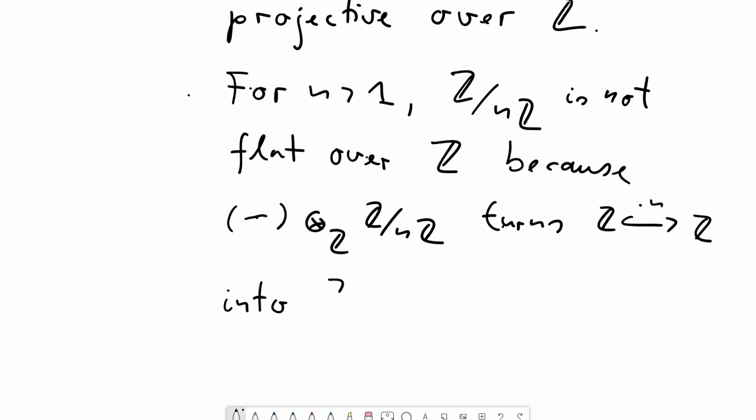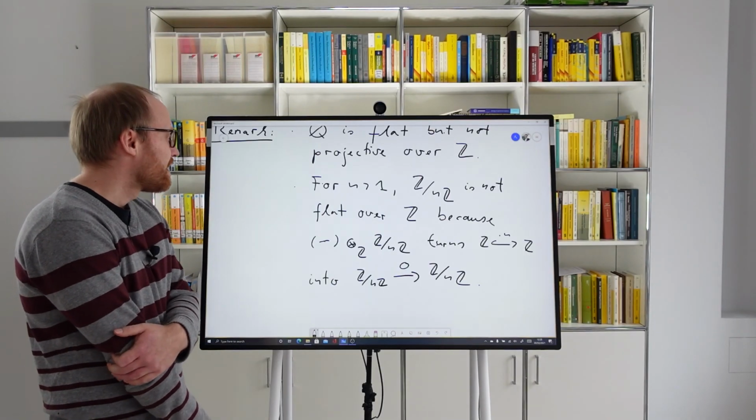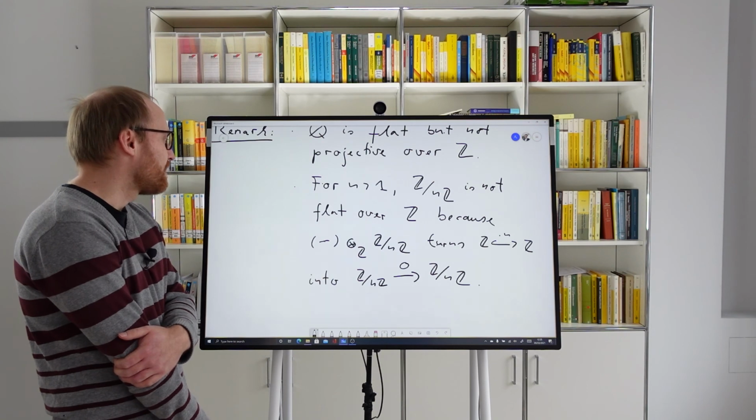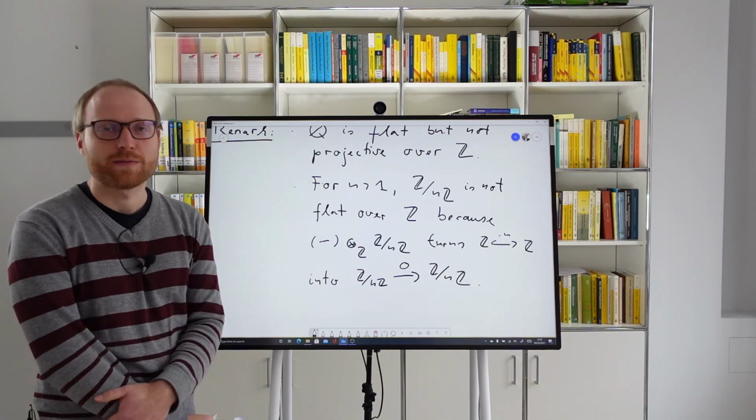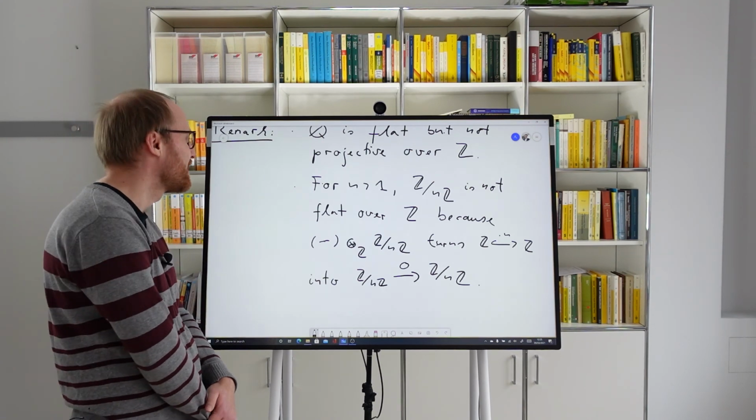So this turns this into Z mod nZ to Z mod nZ. The 0 homomorphism from Z mod nZ to Z mod nZ is not injective if n is bigger than 1. And it's actually the existence of these torsion elements which affects this failure of flatness, and this will bring us to the next video about the Tor functor.